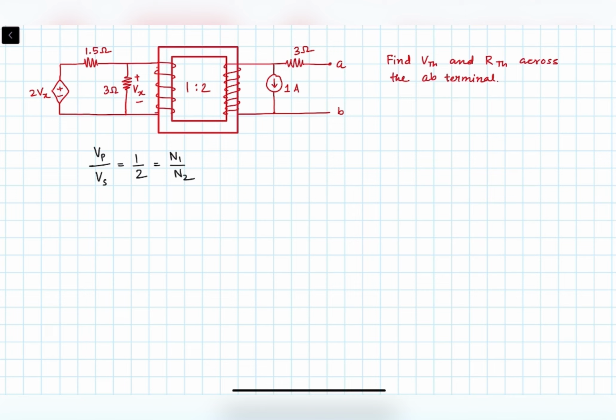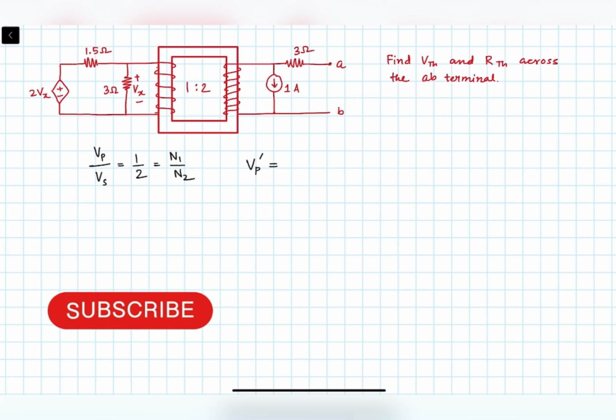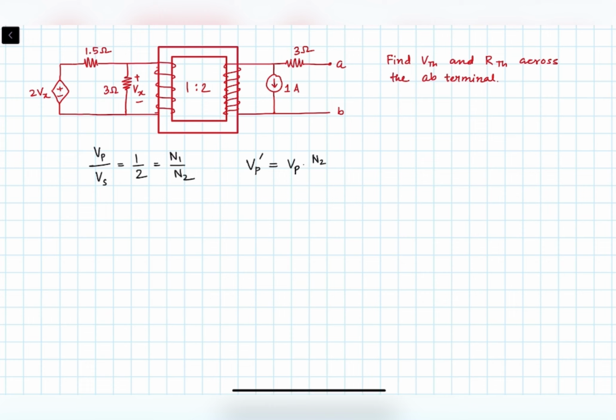Okay, so now to transfer any voltage source, you have to use this formula, which is let's say V primary when transferred to the secondary. Let's put a dash over there. So Vp dash will be Vp into N2 upon N1. Okay, basically, voltage is proportional to the number of turns. Remember that.